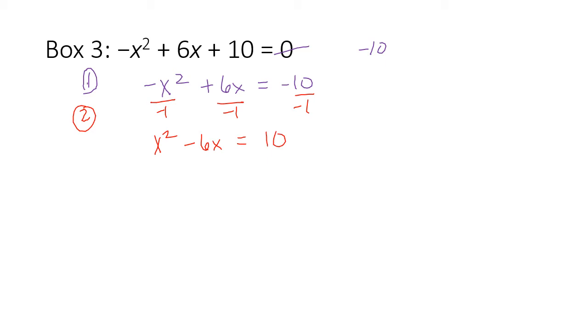A negative divided by a negative is a positive. All right, step 3 is where I find my magic c. So c equals, and what's my b? Negative 6 over 2, squared, which is just negative 3 squared, which is positive 9.